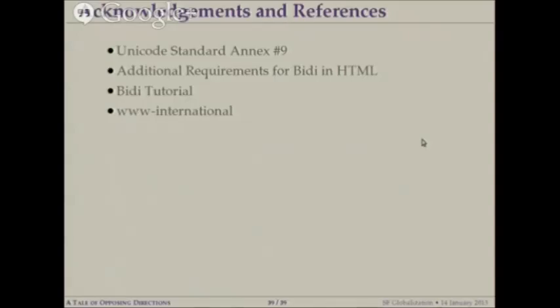Okay, so the question was, let's say I have a variable inside my document that contains some arbitrary bit of user input text, which may or may not end in some neutral characters. Does the isolate handle that? If you use dir equals auto and auto detect the direction, then yes, it will handle that, because basically an isolate is really like a paragraph inside a paragraph.